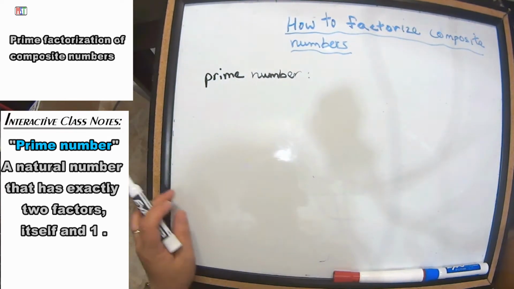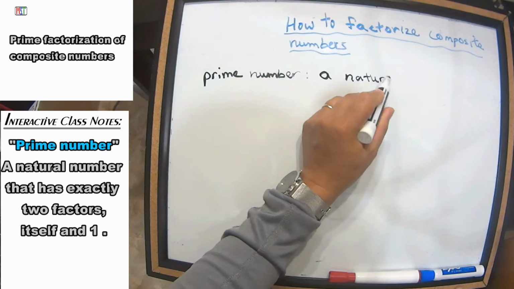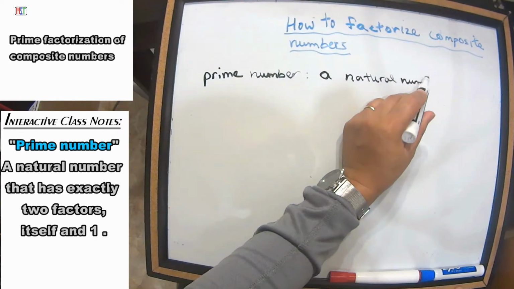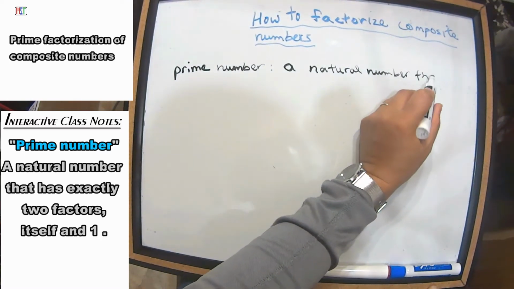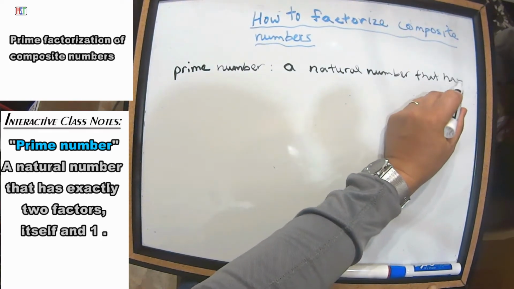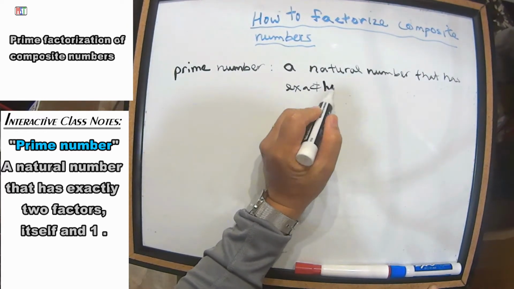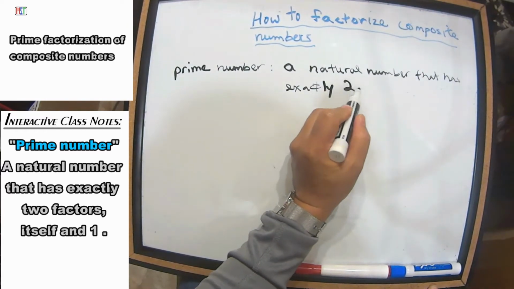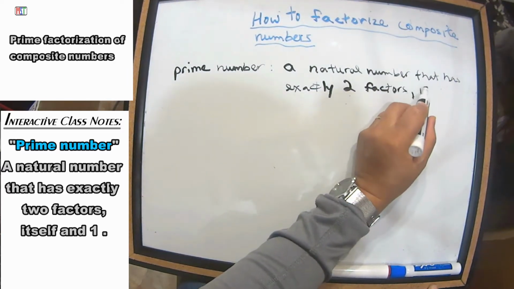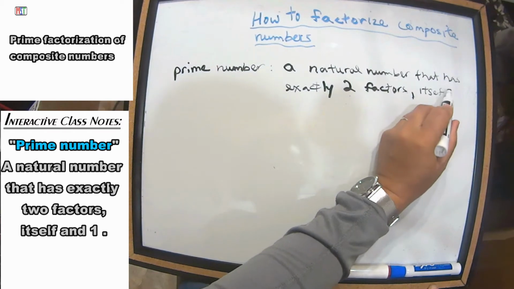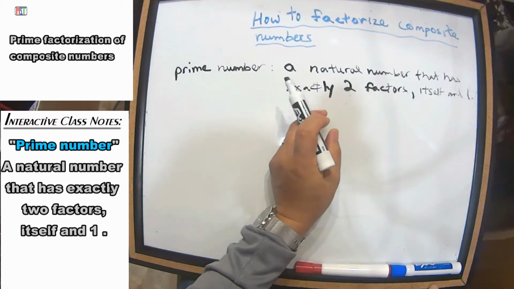Well, a prime number is really a natural number that has exactly two factors, okay? Itself and 1. Now first of all, you probably wonder, what is a natural number?